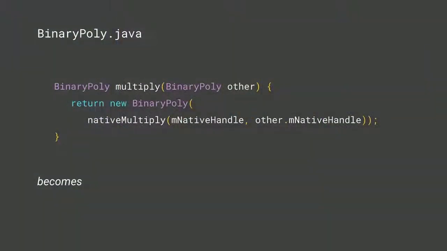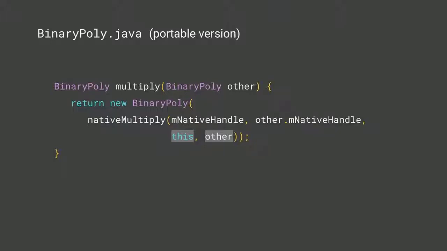So the best solution that my colleagues and I could come up with at the moment is relatively simple but not exactly performance neutral. Instead of having simple methods like multiply that just invoke the native method with the native handles, we invoke the native method with both the native handles and the Java objects.